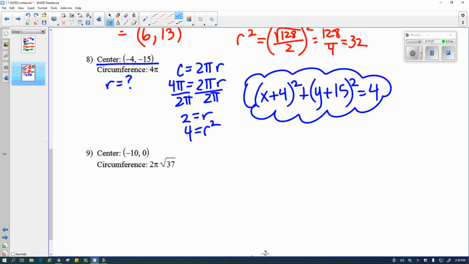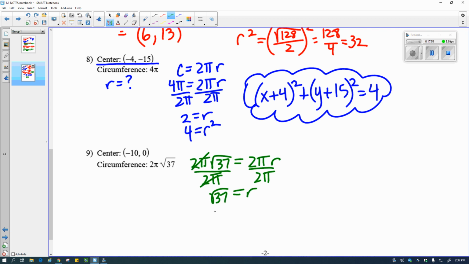Sometimes the problems look a little more complicated, and please try not to overthink it too much. Here my circumference is 2 pi times the square root of 37, and the formula is 2 pi times the radius. Well, look at this: I get rid of the 2 pi, the 2 pi cancels out. That means the square root of 37 is my radius.